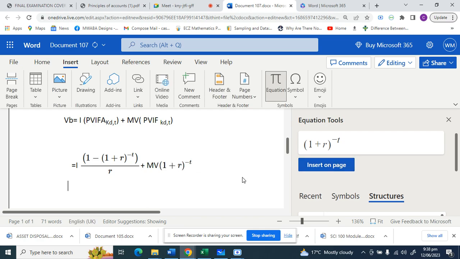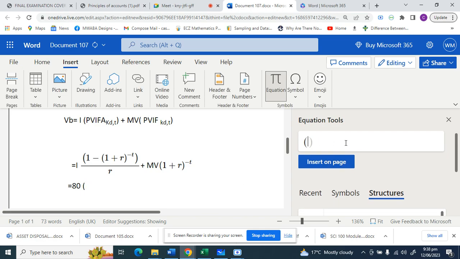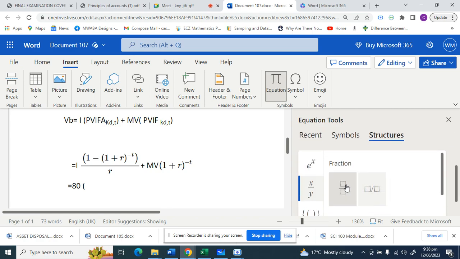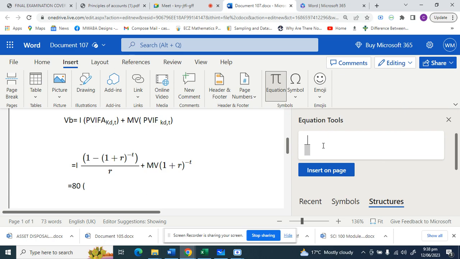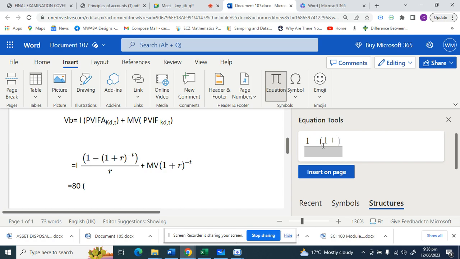All right, so we can now substitute. I will substitute with 80, open brackets, one minus open brackets one plus R, which is 10%, so we'll present it as 0.1, to the power negative 20.